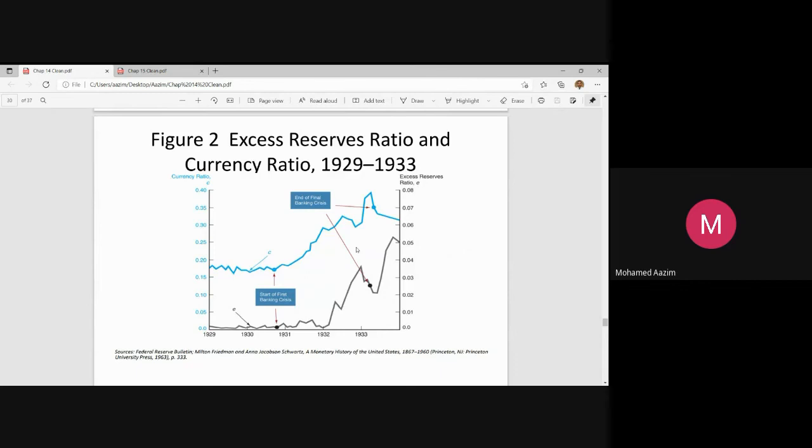As a result, the amount of money held by the people in the US in currency form increased significantly.